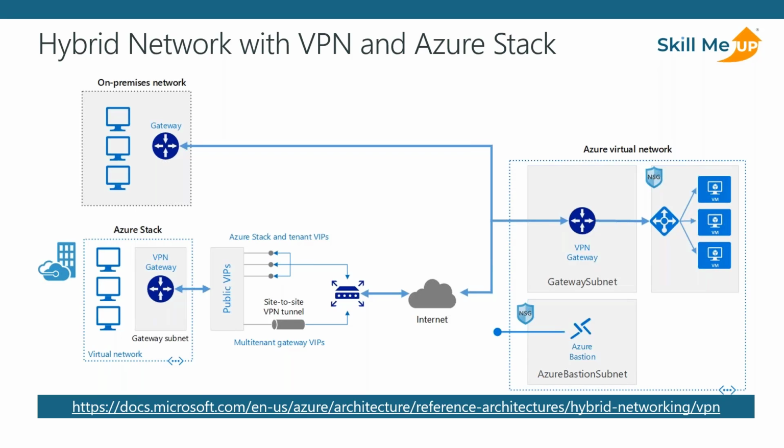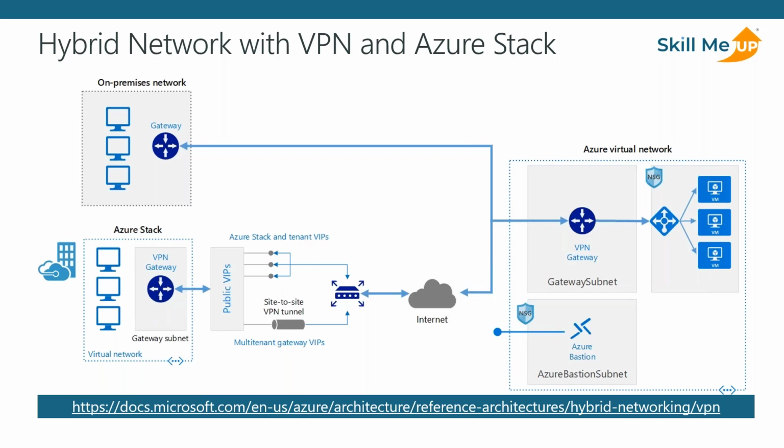And you can see here, we have the on-premise network, we have the Azure Stack environment, and we are then utilizing the VPN gateway between the Azure Stack and the site-to-site VPN tunnels and to the internet.